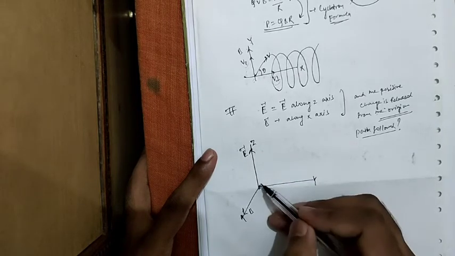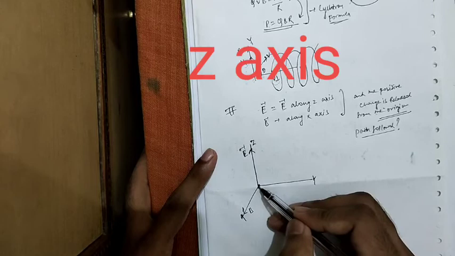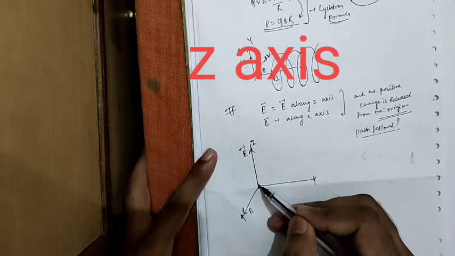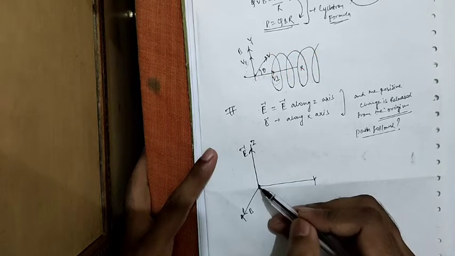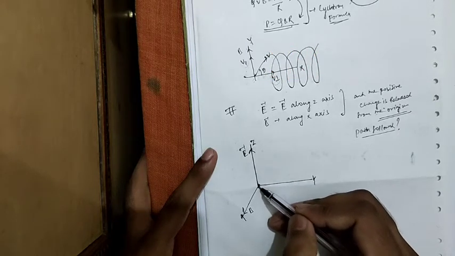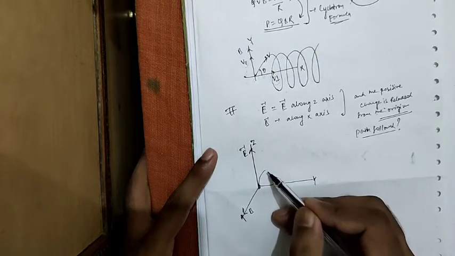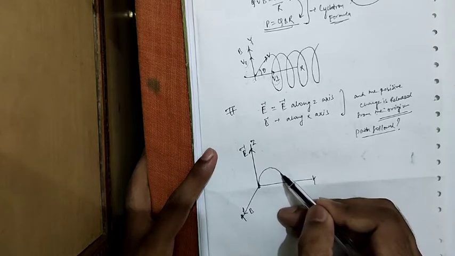Then it will move in a direction, and when it moves, its velocity will be perpendicular to the magnetic field, which moves it in a somewhat semicircular path.